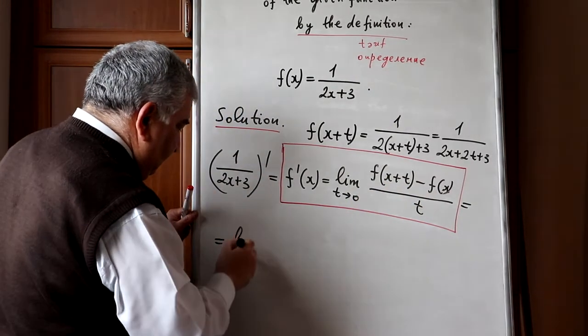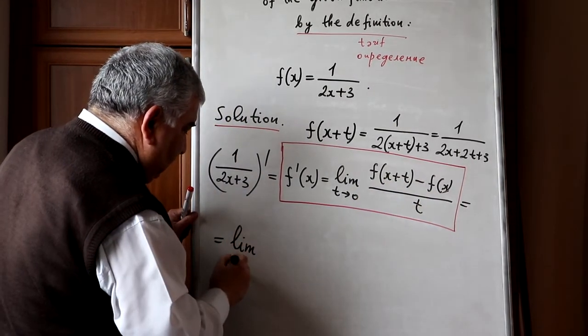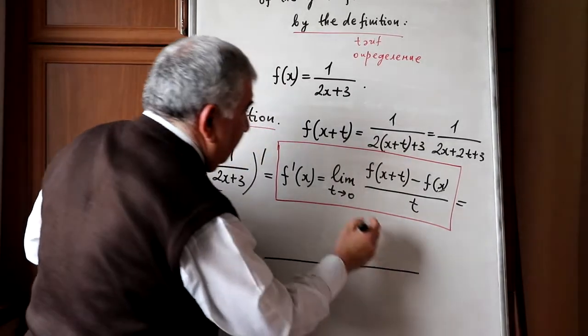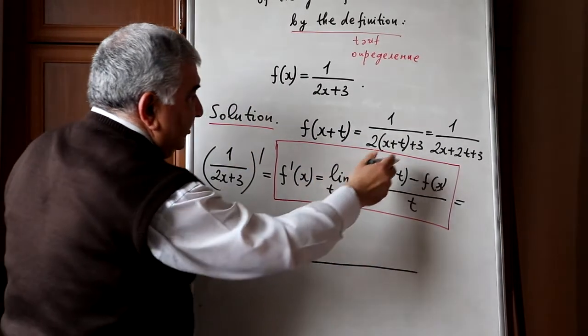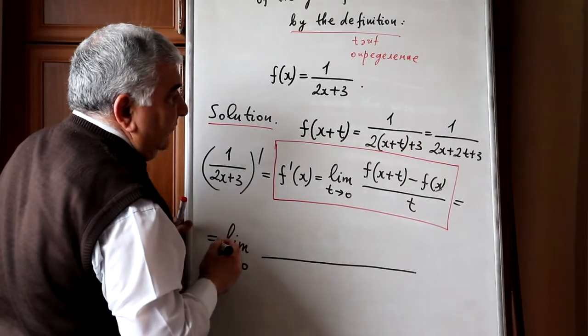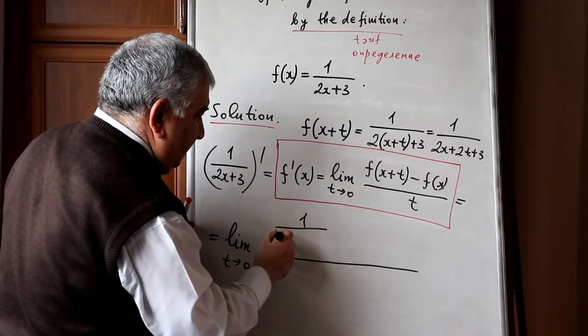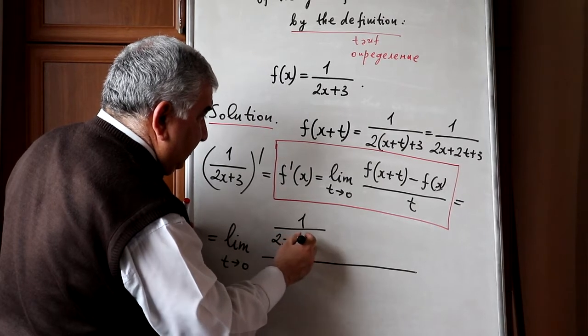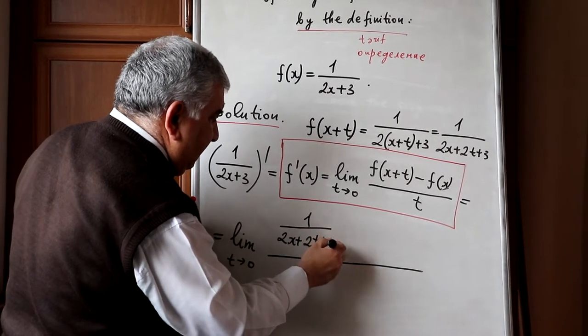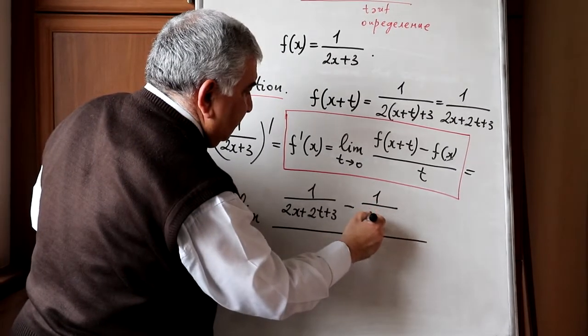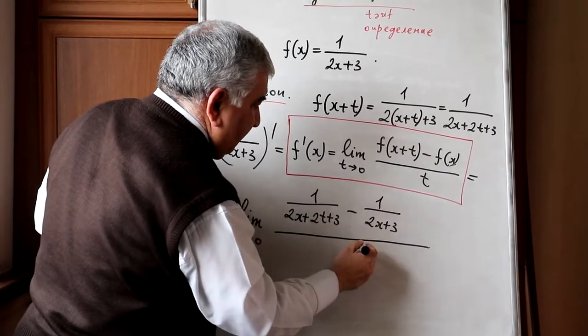Limit when t tends to 0, substitute the expression: 1 over 2x plus 2t plus 3 minus 1 over 2x plus 3, divided by t.